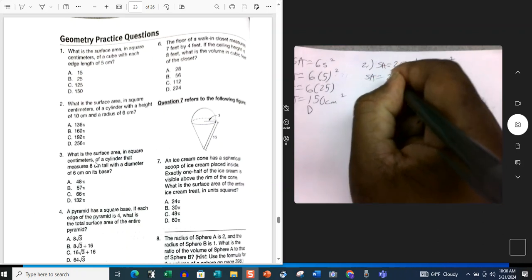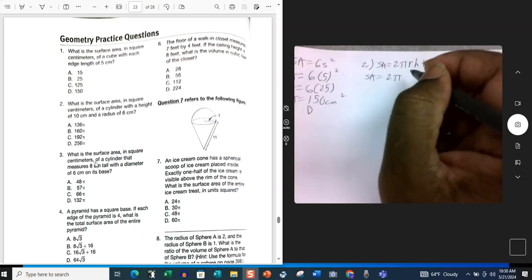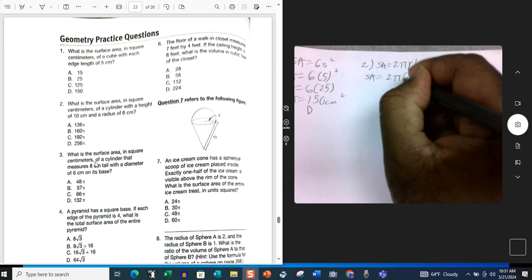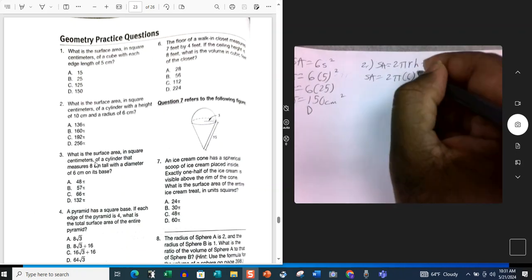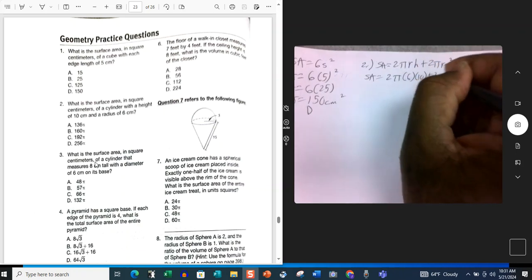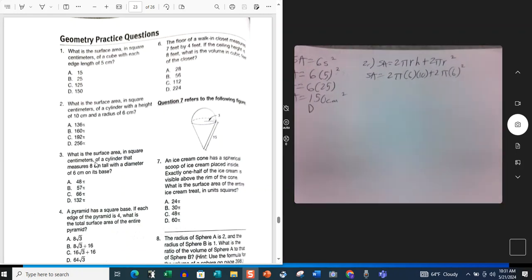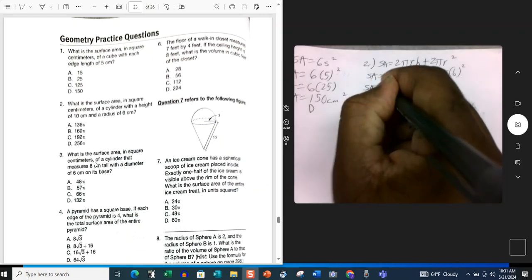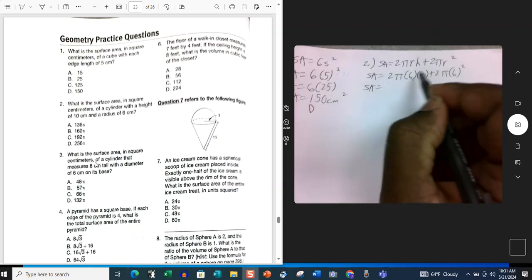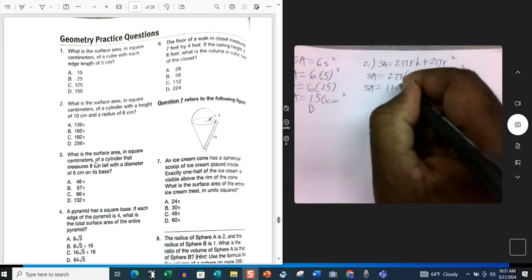So we have surface area is equal to 2 times pi. We're told that the radius is 6 and the height is 10. So we add 2 pi times 6 squared. So we have the surface area is equal to 2 times 6 is 12 times 10 is 120.